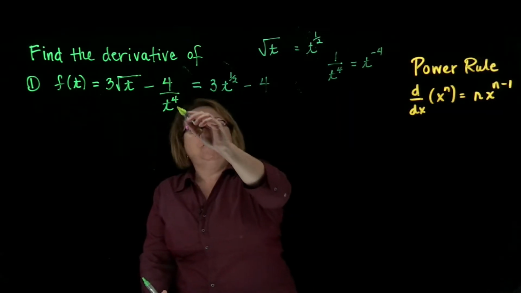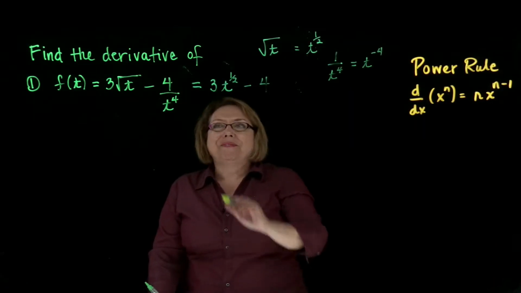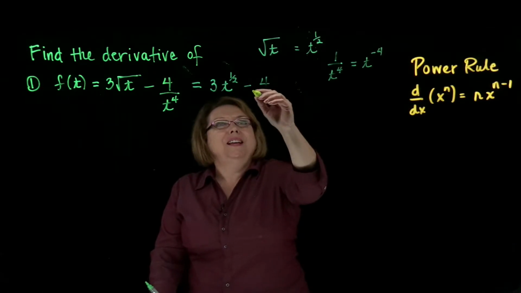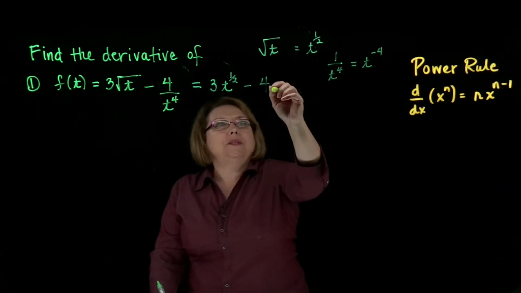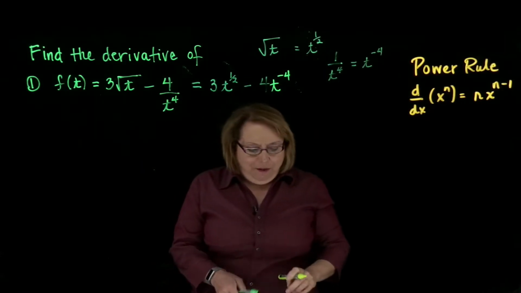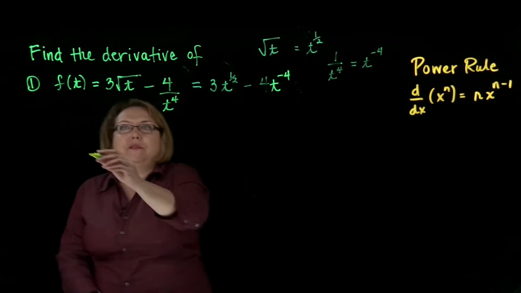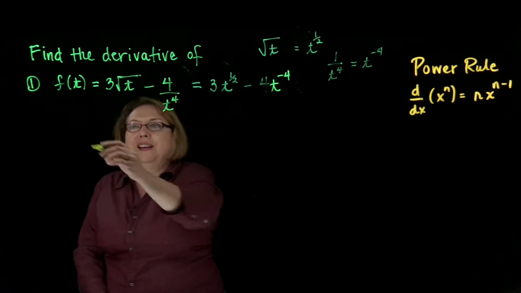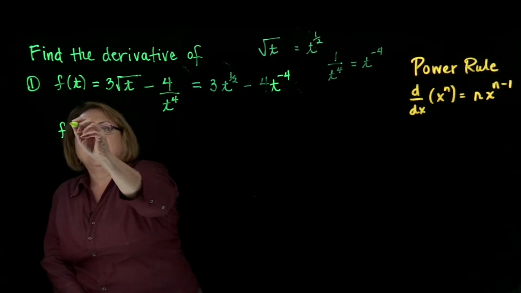So this would be 4 times t to the negative 4. All right, and let's take the derivative now of this function here. It's a little bit simpler form.